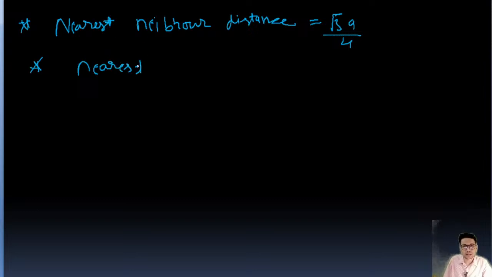The coordination number is 4 for the diamond cubic structure, okay.